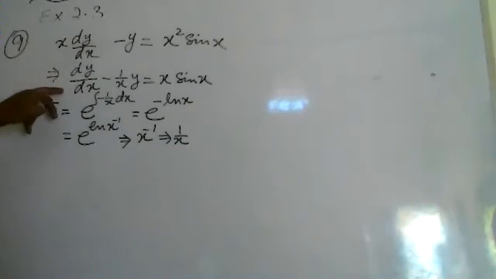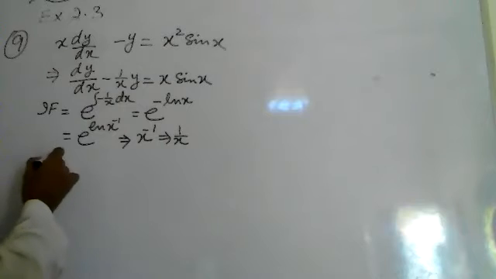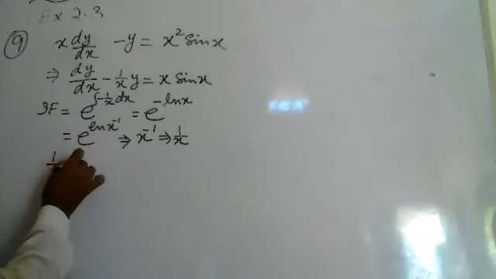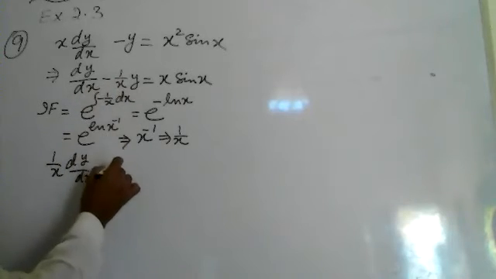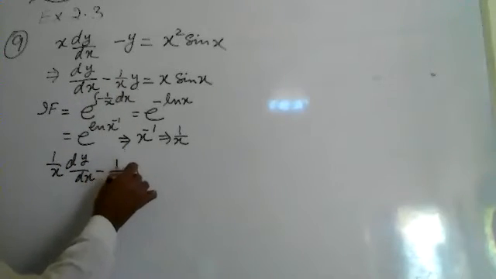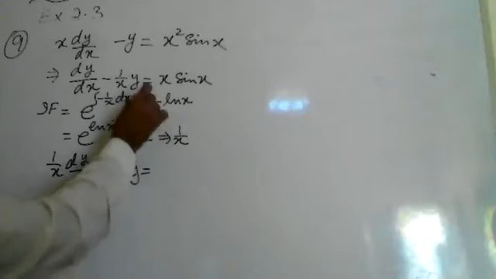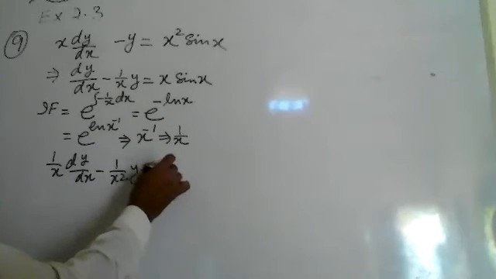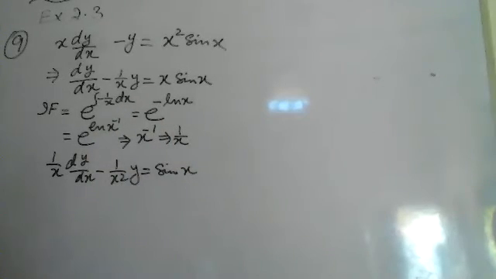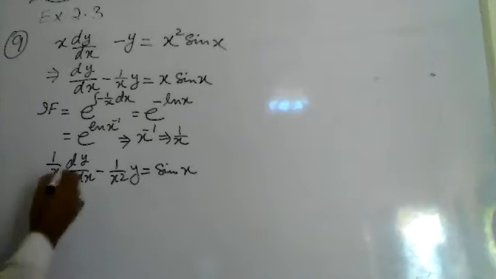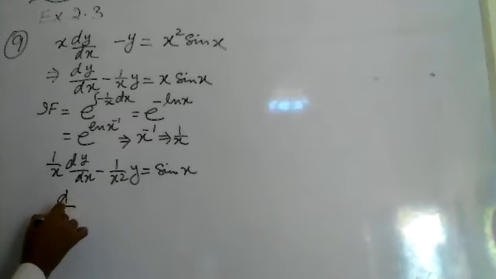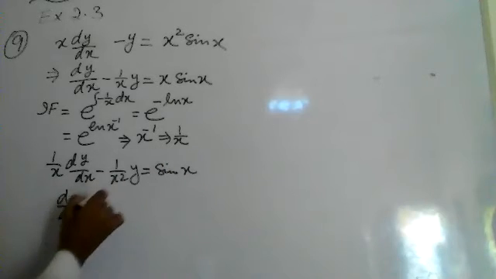We multiply the whole equation by 1 over x. It will become 1 over x dy upon dx minus 1 over x square y equals 1 over x into x, which is sine x only. So that is the whole derivative of integrating factor into y.